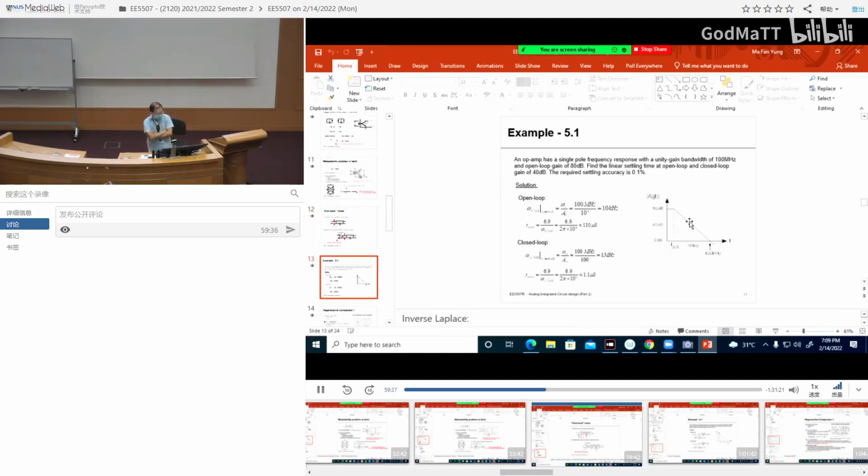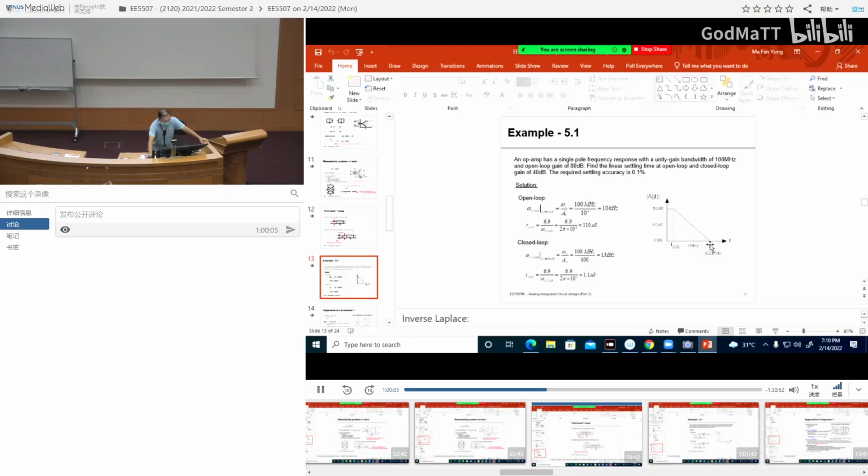Let's look at one example. We have an op-amp, and we're using the op-amp as a comparator, with a pole frequency. We are given that the unity gain bandwidth is 100 megahertz, which means the magnitude drops to 1, or 0 dB, at 100 megahertz.